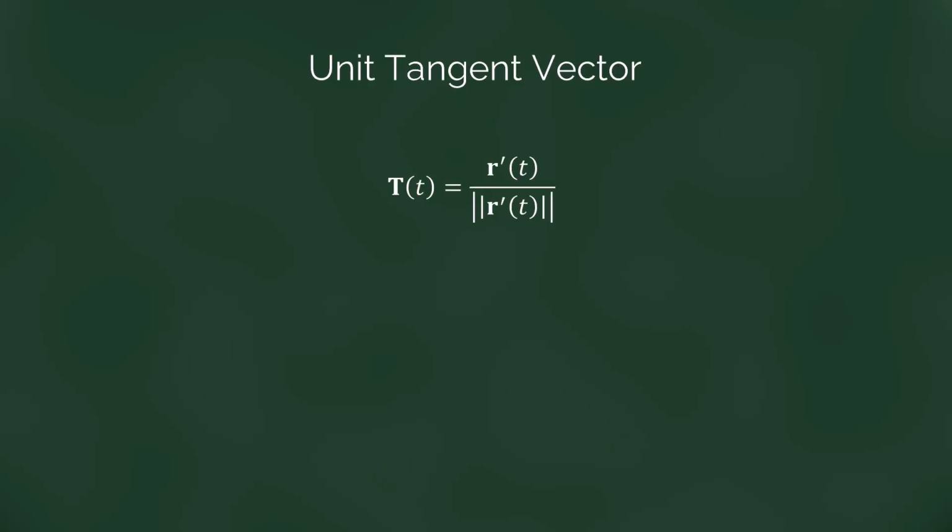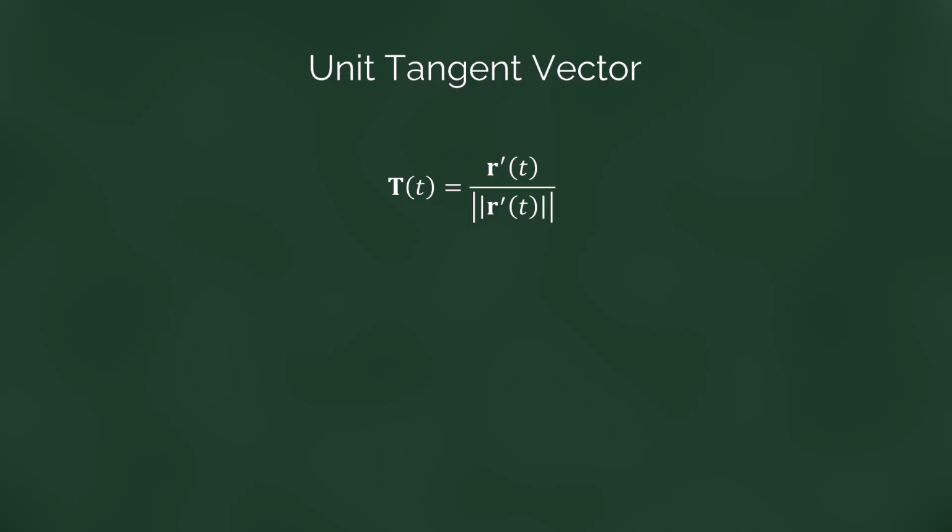Our unit tangent vector is already a familiar concept. We've seen before that we can take the tangent vector, r prime of t, and divide it by its magnitude to get a unit tangent vector. We can also think of this in terms of arc length of a curve.